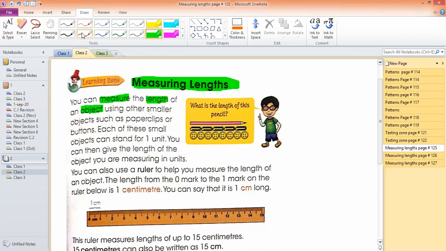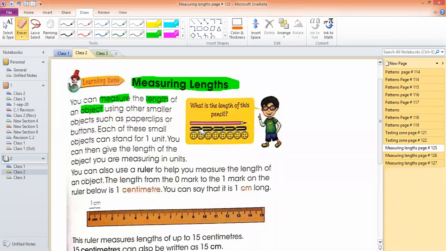So let's suppose, guys, I want to know the length of this pencil. I want to see whether the pencil I have is longer or my friend's is. So I can measure the length with any small object. In the example of the book, paper clips are used to measure this pencil.